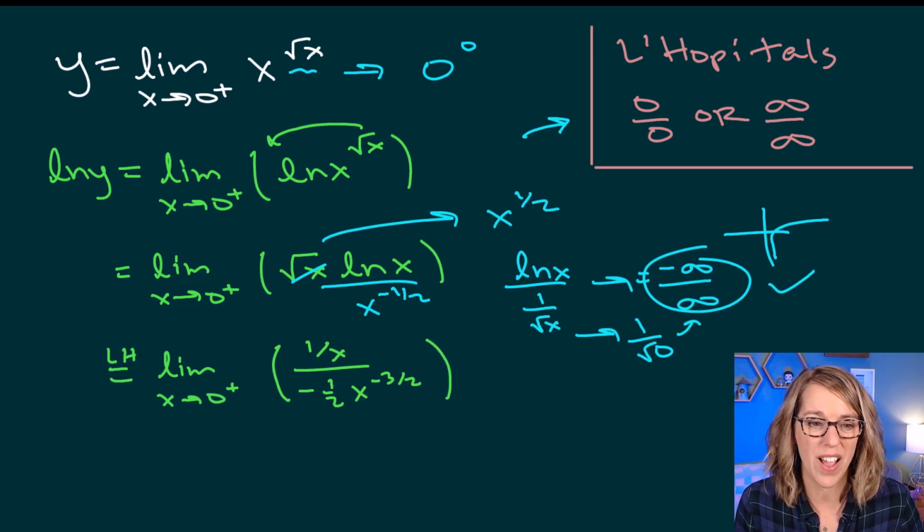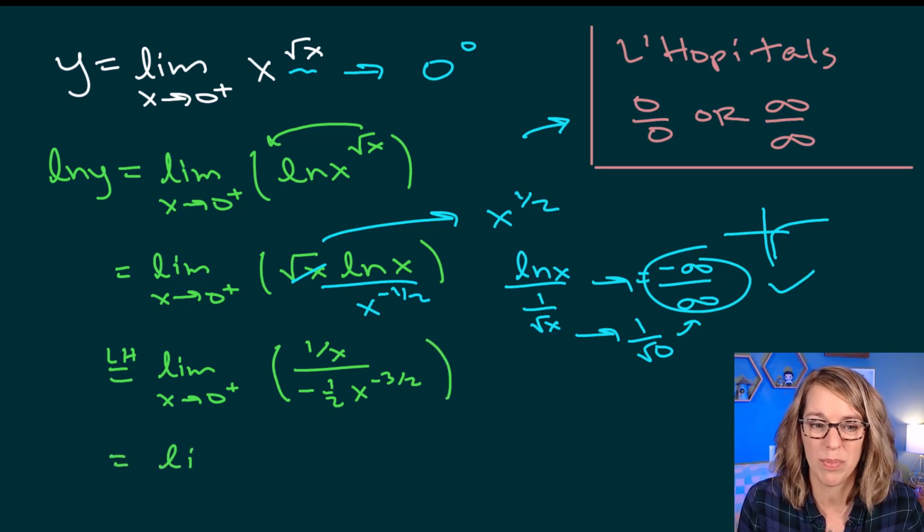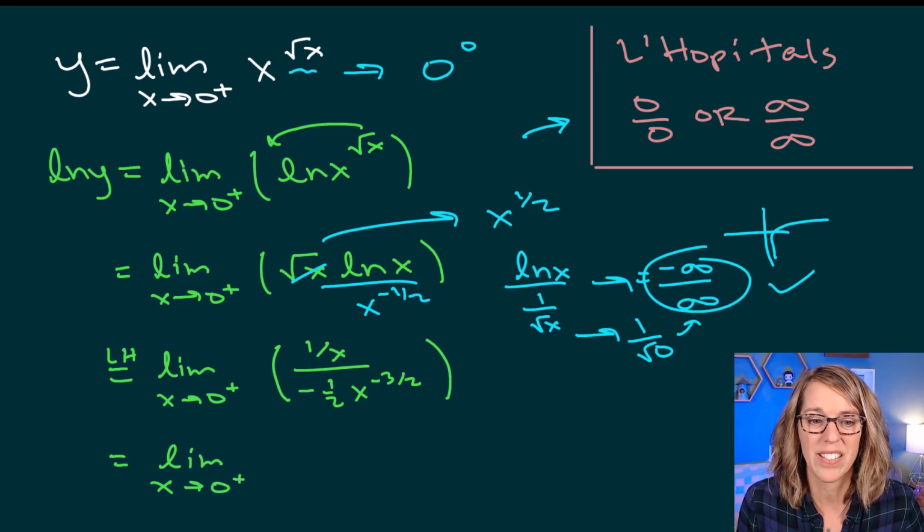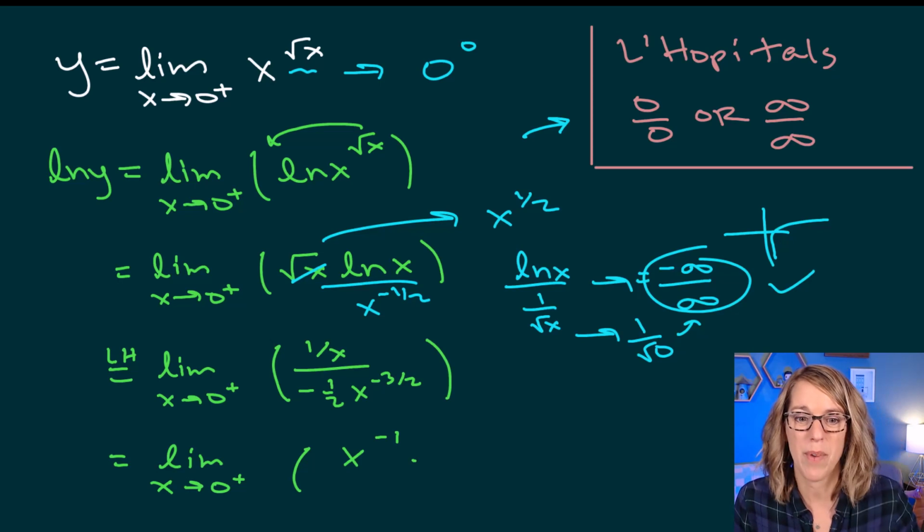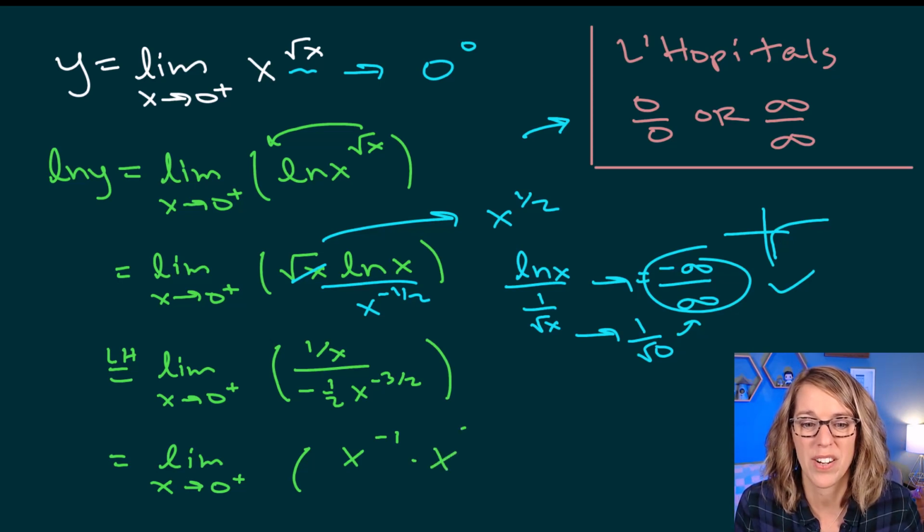So simplifying, I end up almost to a place where I can take that limit. X approaches 0 plus. I have a 1 over x, let's call that an x to the negative 1. I also have an x to the negative 3/2. I'm going to pop that up into the numerator as a positive 3/2, and I've got that negative 1/2 out in front. So I've got a negative and a 2 there.